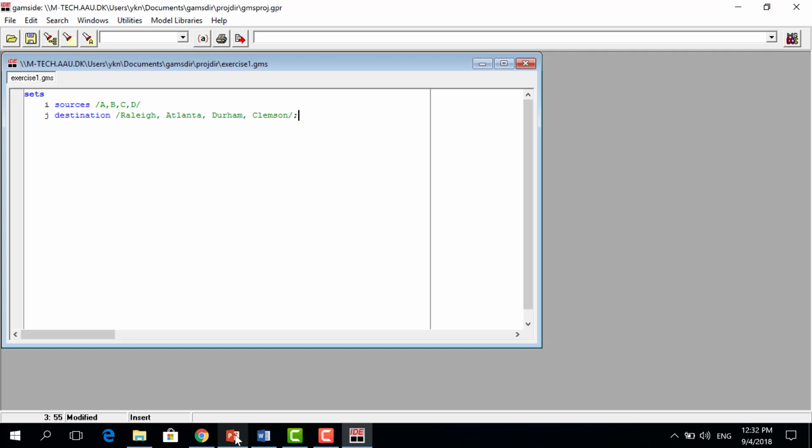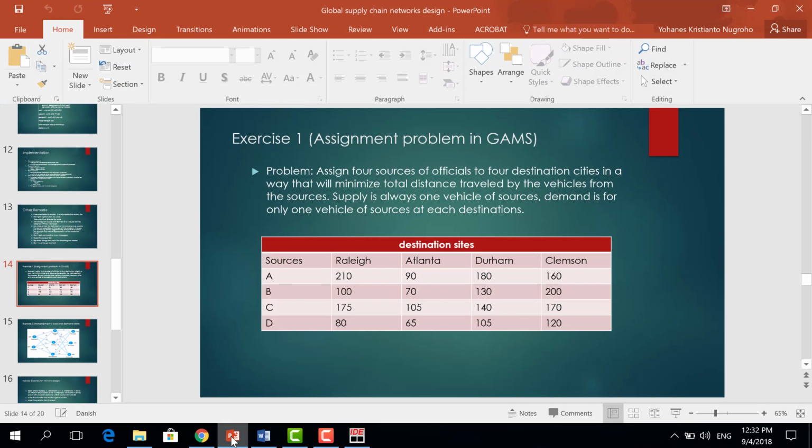This is just to tell GAMS that we have ended our set definition, and we will move to the next step, which is defining the parameters. In these parameters, we have only one parameter, I think. Let's read again.